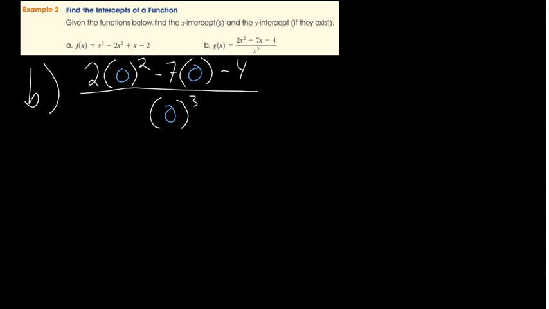This just becomes 0, this just becomes 0, and this just becomes 0. But this 0 is a big deal because we cannot have a 0 in the denominator. 0 is not in the domain of this function because we cannot use it. It becomes undefined. So what that means is this function has no y-intercept.